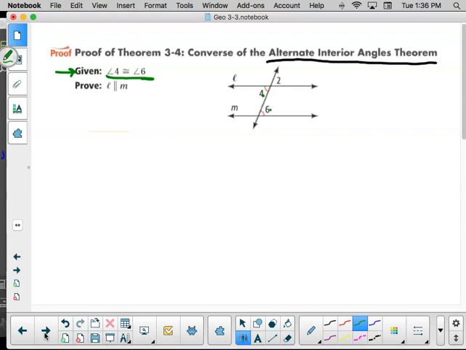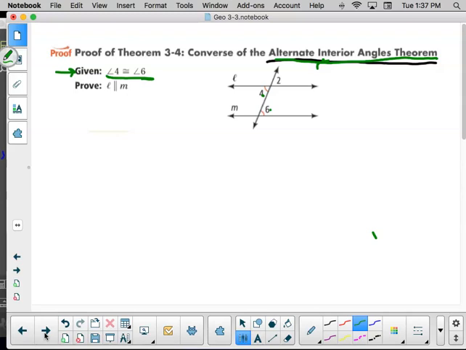If I wasn't proving alternate interior angle theorem, I would be done in 2 steps. Given angle 4 is congruent to angle 6. My next step, L is parallel to M because of the converse of alternate interior angles theorem. Well, unfortunately, I'm proving that, so alternate interior angles theorem is off. I can't use it, okay?